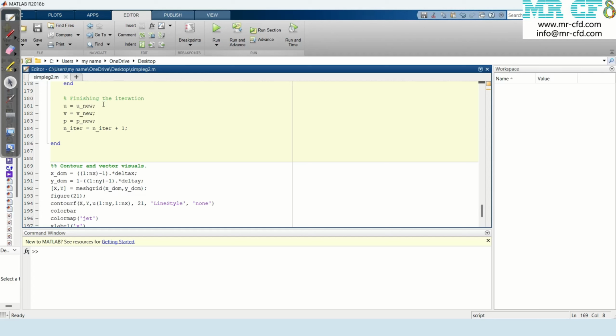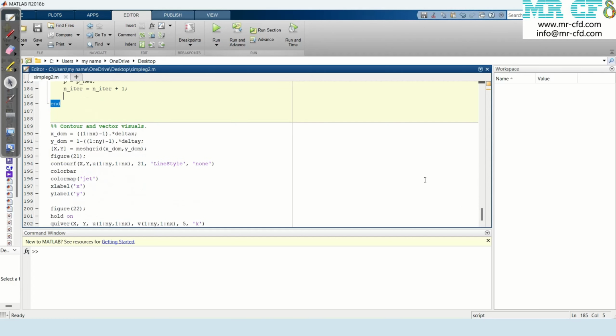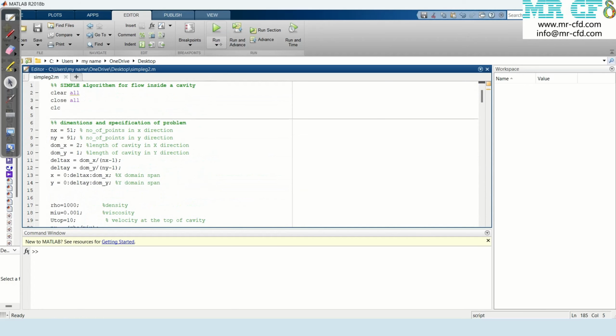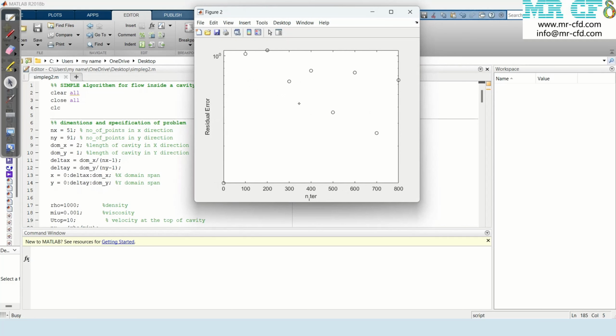Then, the updated values of u, v, and p are fed back into the loop to continue the iterations until convergence is achieved. The following visualization steps display the results, including the residual error versus the number of iterations.